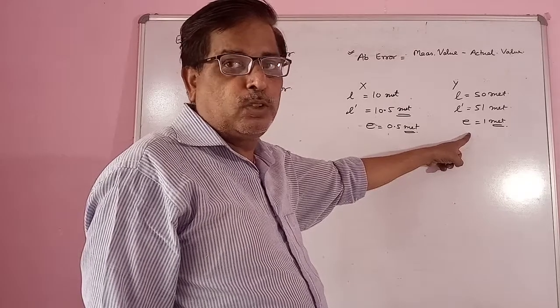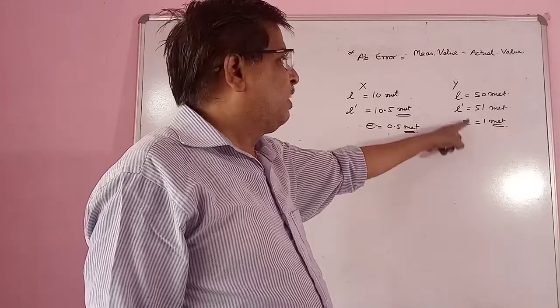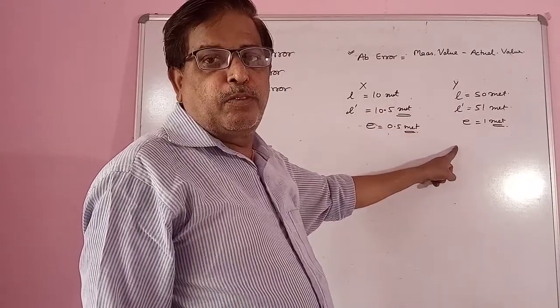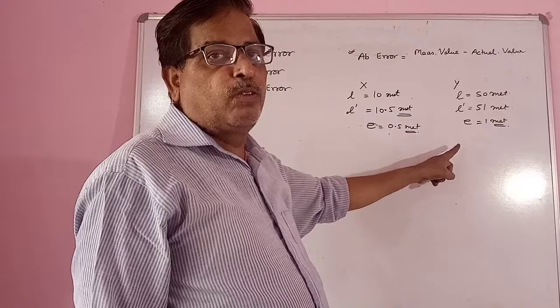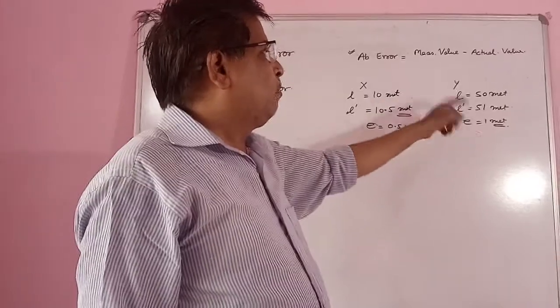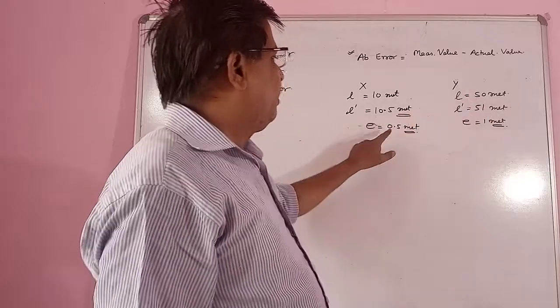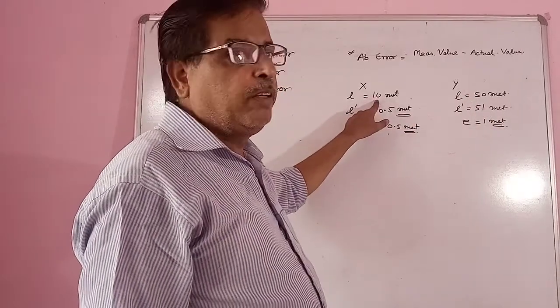Without any calculation, we can say that Y's measurement is better. Why is it so? Because person Y is making an error of 1 meter, but in 50 meter, and X's error is 0.5 in 10 meter.